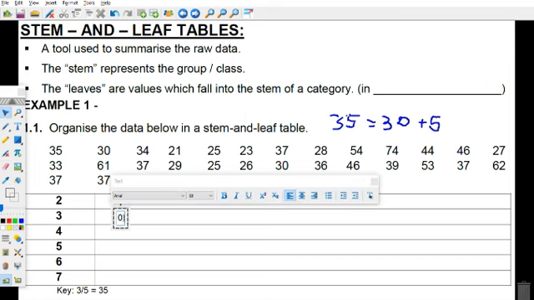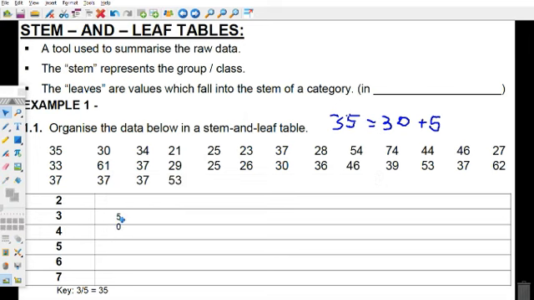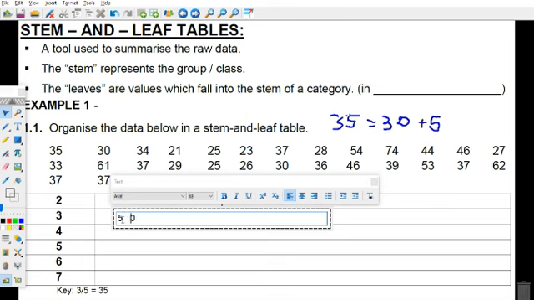Okay, so in our data points here, we wrote 5. Is 5 before or after 0? What number comes first, 30 or 35? 30 comes before 35. So do you agree my 0 goes first?